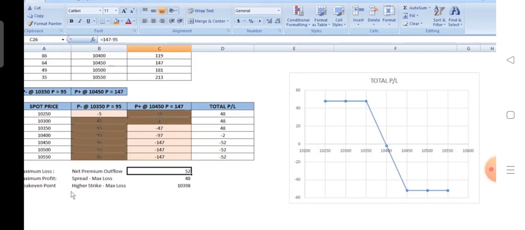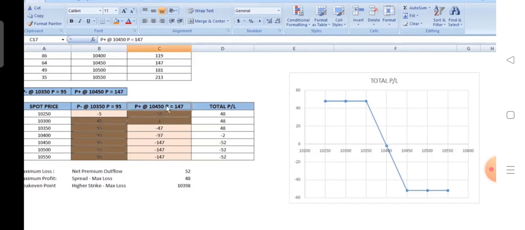The maximum profit would be the spread minus the maximum loss. The spread is 100 rupees, 10,450 minus 10,350. Spread is 100 minus the maximum loss of 52, so our maximum profit from this strategy is 48. The break-even point from this strategy will be the higher strike price minus the maximum loss.